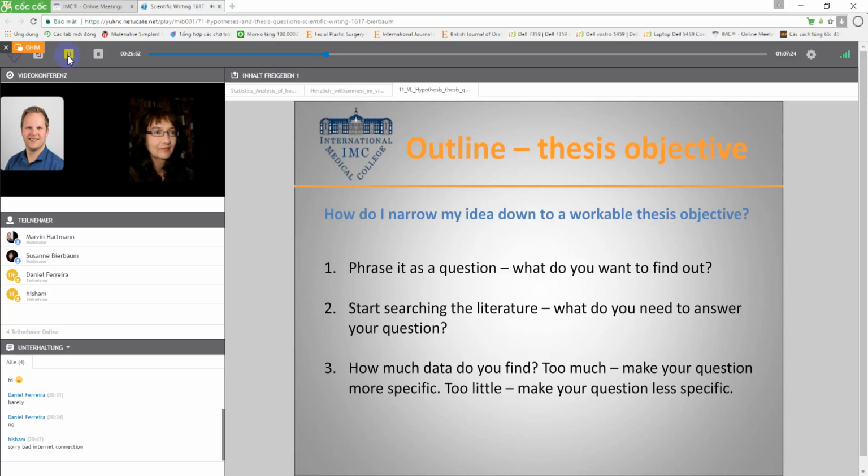The problem is with, as I said, these general questions like, are the green ones better than the blue ones? Does periimplantitis, previous tooth loss, influence the success rate of implants later on? They're often a bit general. Like I said, it's easy to get to the general part. The more difficult part is narrowing it down into a workable thing.